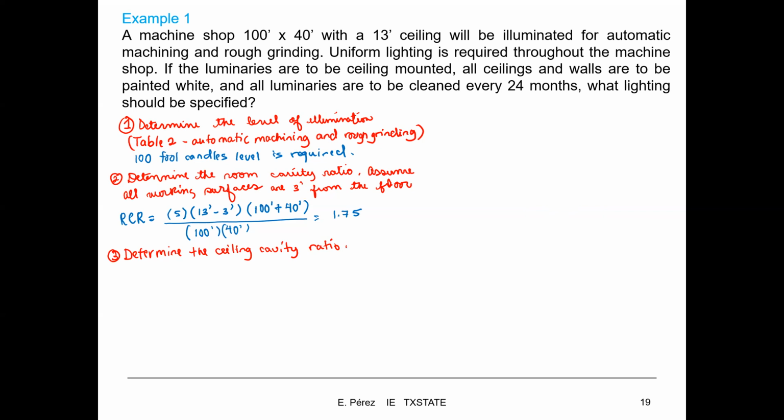But in this case, the CCR need not be considered because luminaires are ceiling mounted. So luminaires are ceiling mounted, so we don't need to consider the CCR.